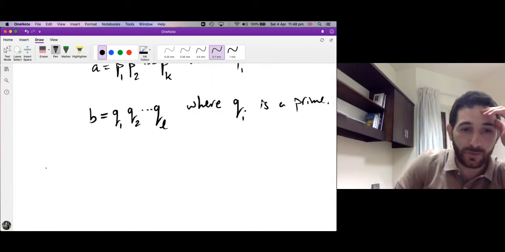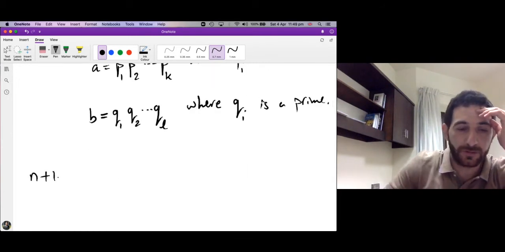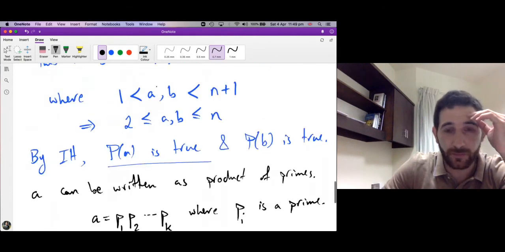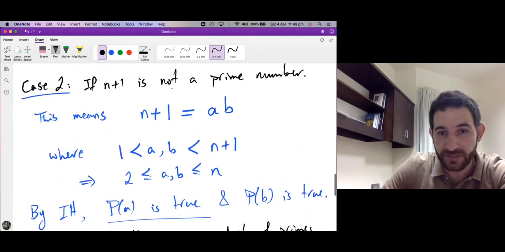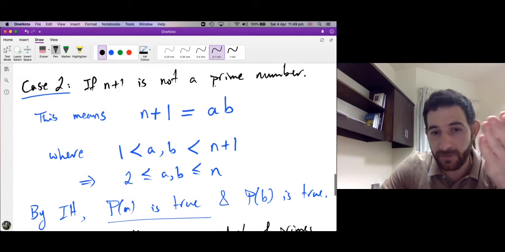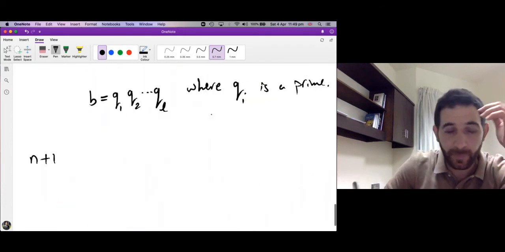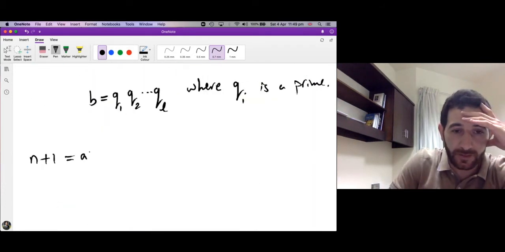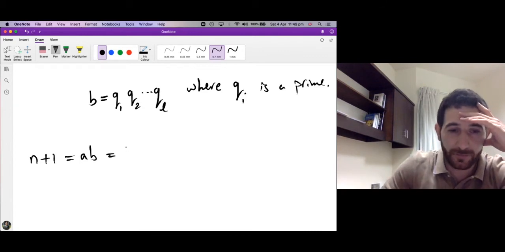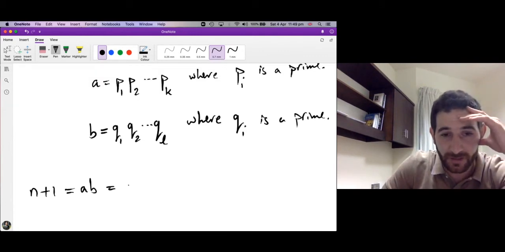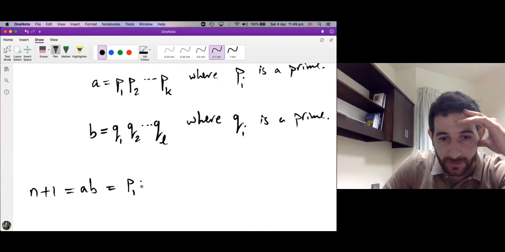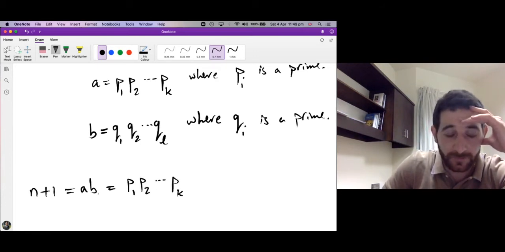Okay, but now look what we have. We know that n plus 1, what is n plus 1? We said we are in case 2, it's not prime, and it's equal to a times b. But a is the product of the primes Pi's. So a is P1 times P2 up to Pk. And what's b?